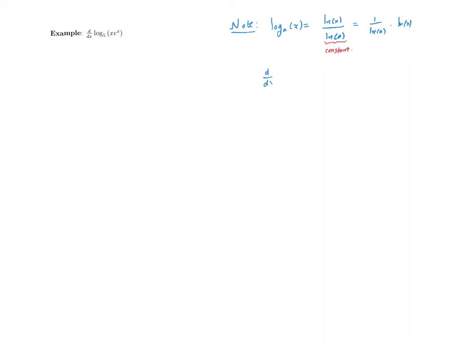This allows us to very quickly and efficiently get a new formula of differentiation. If I want to differentiate log base a of x, we would differentiate 1 over the natural log of a times the natural log of x. And because 1 over natural log of a is a constant, we can pull it in front of the derivative.